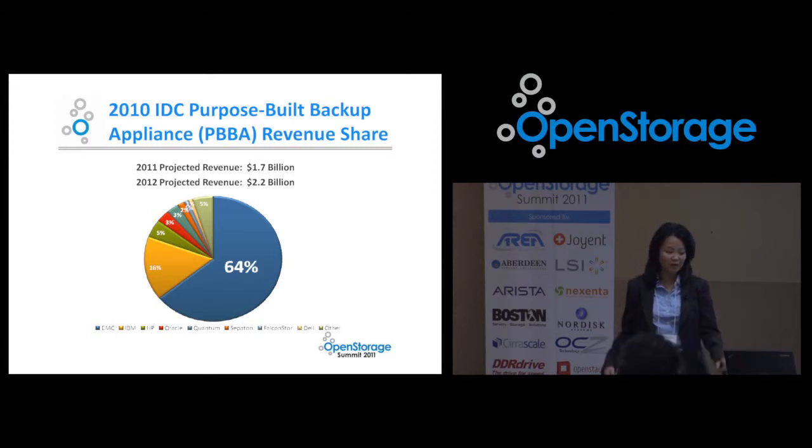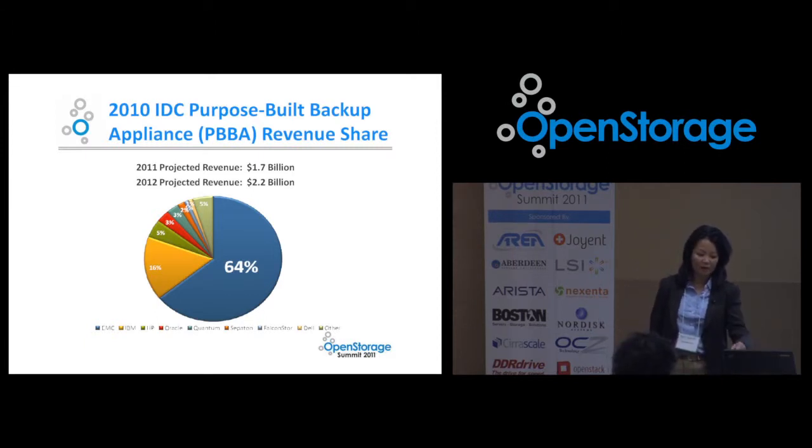If you look at the bottom, the primary ones with market share, EMC, IBM, HP, Quantum, Dell, all of those partners have some sort of OST integration, with the exception of Oracle. And Nexenta will be giving you an option to some of these appliances today.